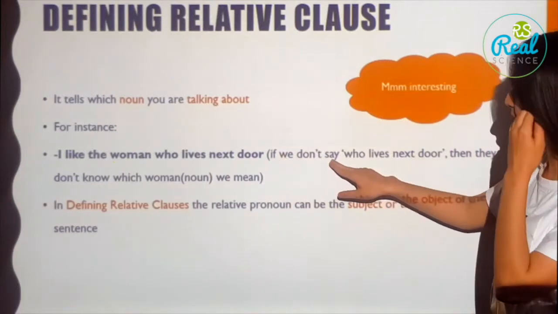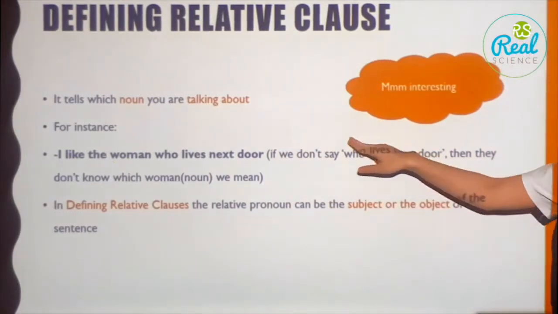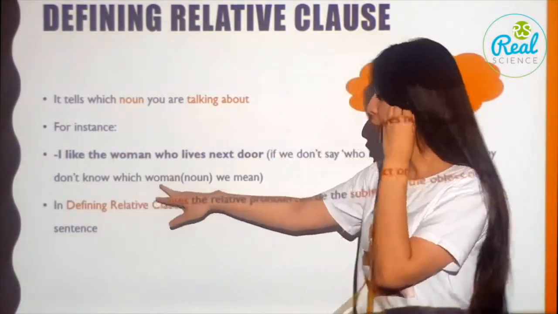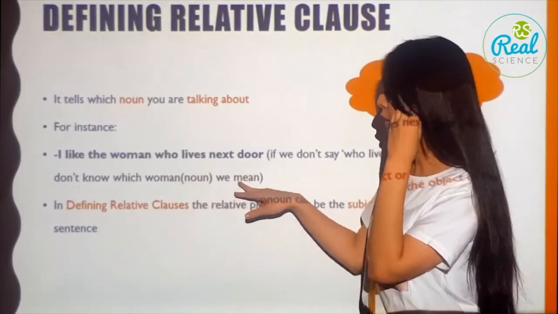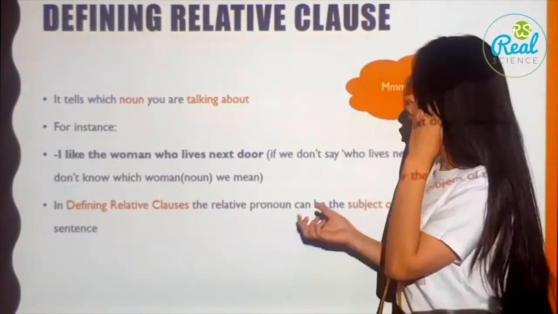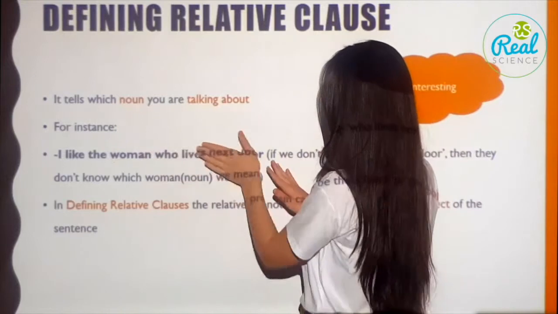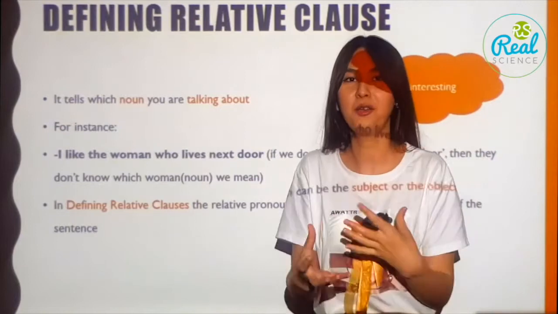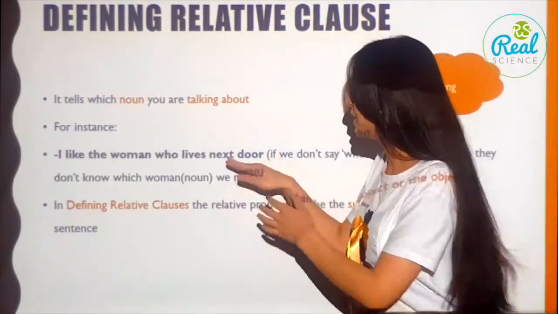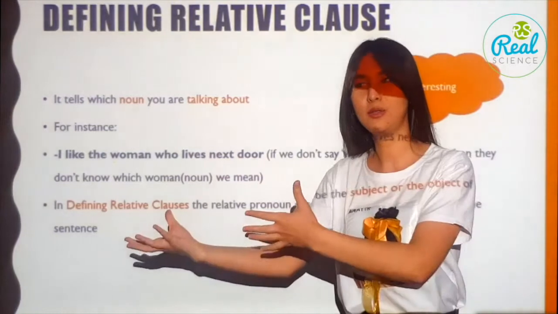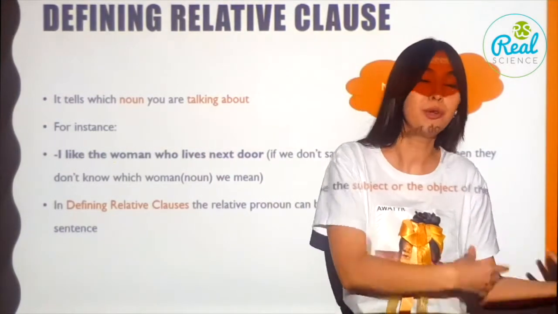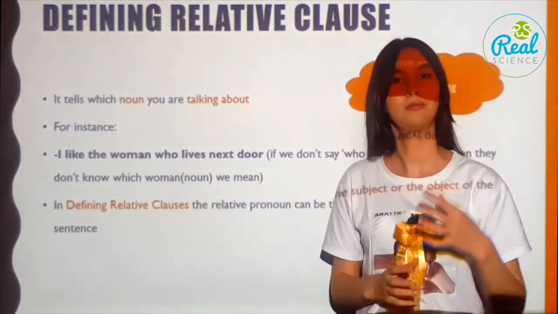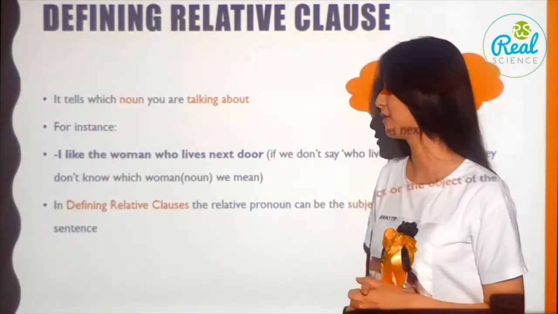If we don't say who lives next door, then the person who listens to you doesn't know which woman you mean. If you exclude this part, who lives next door, that person doesn't know what kind of woman you are talking about. So this sentence is describing to the listener the woman you are talking about. So the noun, the person. Understood? Yes. Okay.